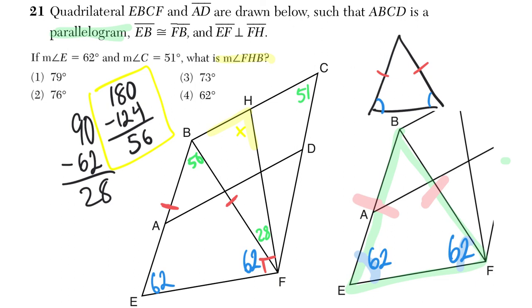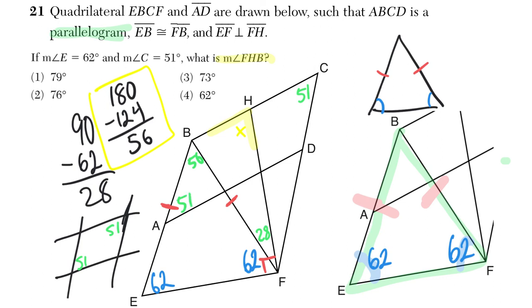So here we've got BC and AD parallel to one another, and then we've got a transversal cutting through it, which is BA and CD, right? And so if CD is 51 degrees, I know that this is 51 degrees right here.